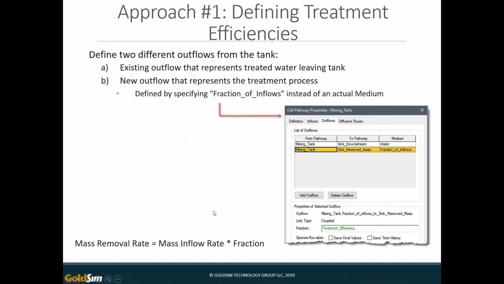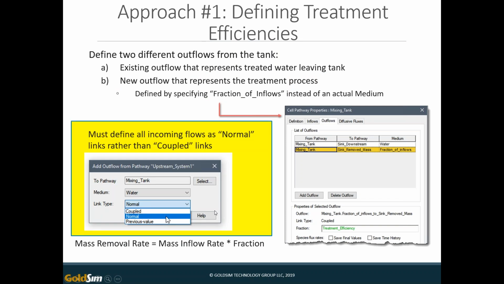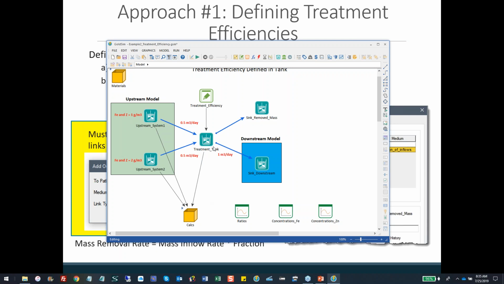There's one really important point that you have to be aware of when you're simulating a treatment efficiency like that. And that is all the incoming flows to the treatment tank have to be normal links rather than coupled links. What does this mean? Let me just show you that.